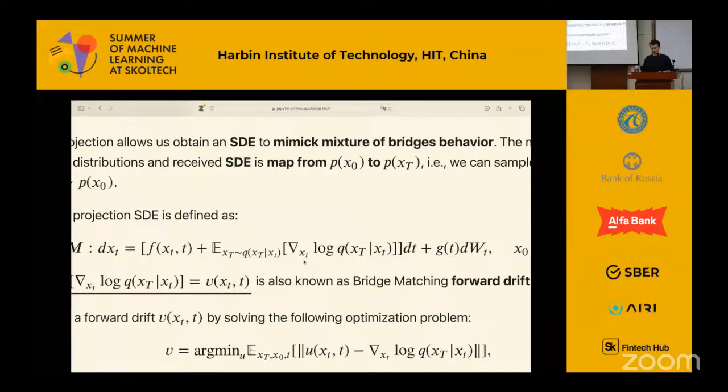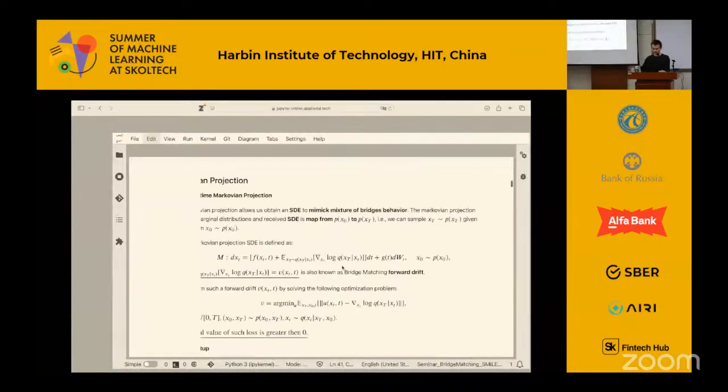This is the only difference. And if we have this expectation of the gradient of the logarithm of the distribution, then we can sample from it explicitly by just using numerical solvers for stochastic differential equations.